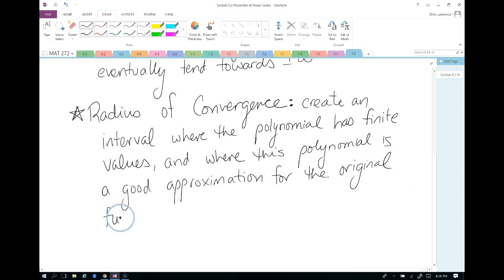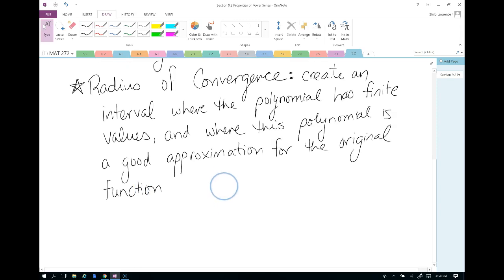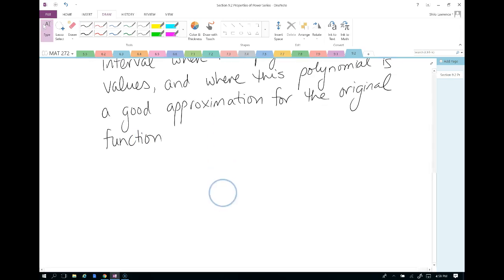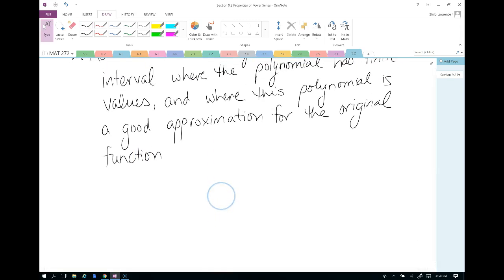So I want to start off by showing you an example with some graphs. We're not going to go through how to generate these polynomials, but let's say we've got f of x equals 1 over 1 minus x.